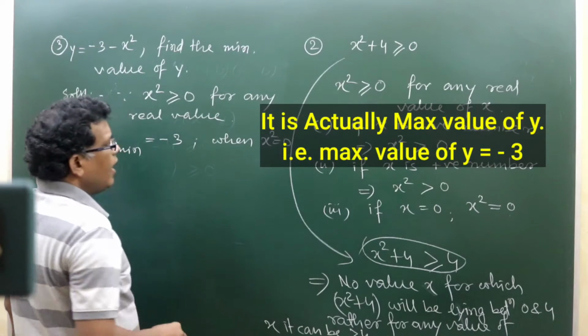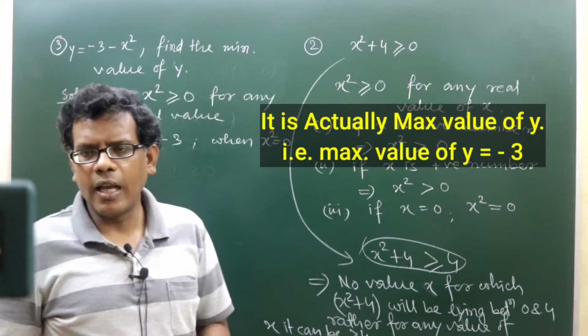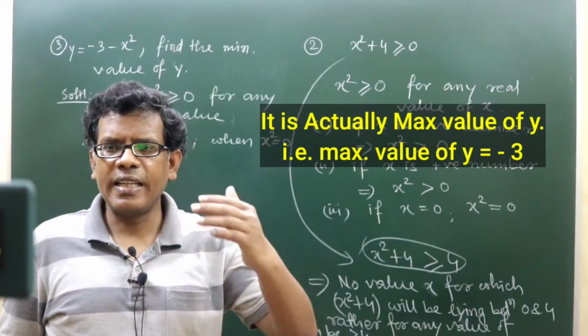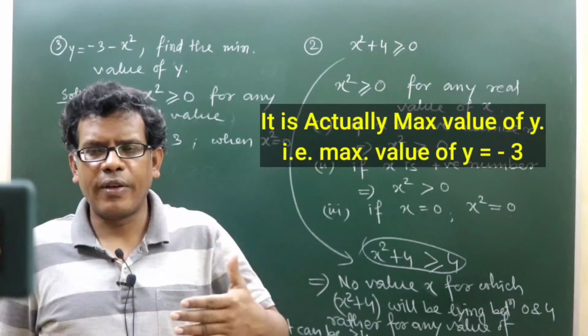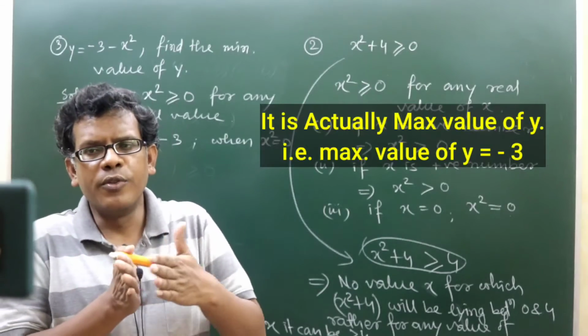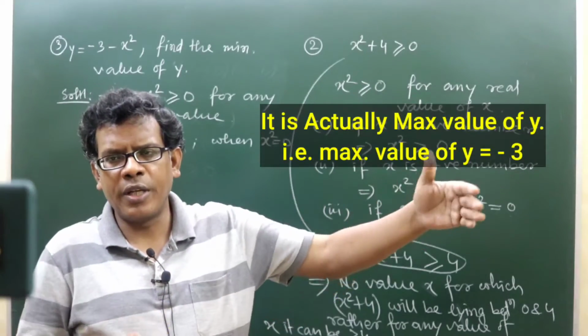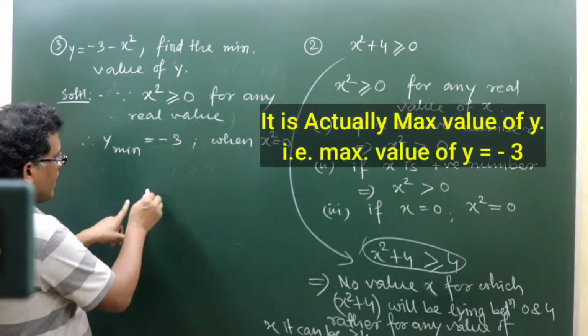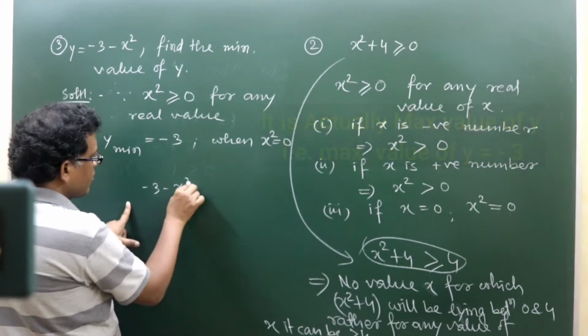Because for other values of x, if you start taking the permissible values of x square as positive, moving onwards from 0, 1, 2, 3, you can see it is minus 3 with minus x square, right?